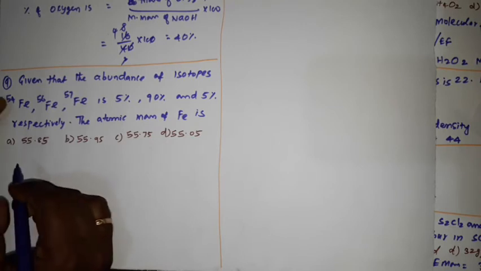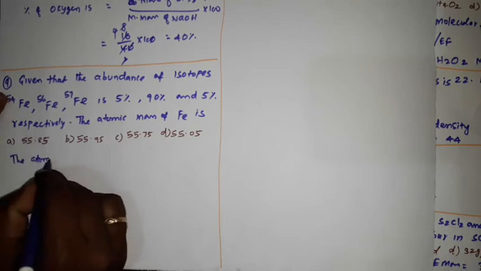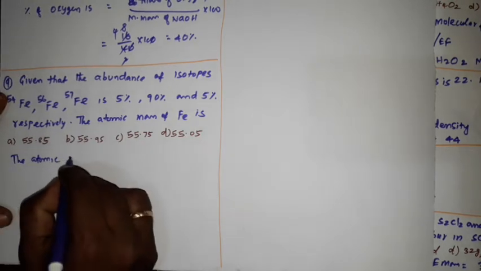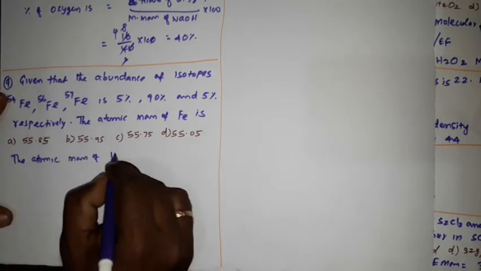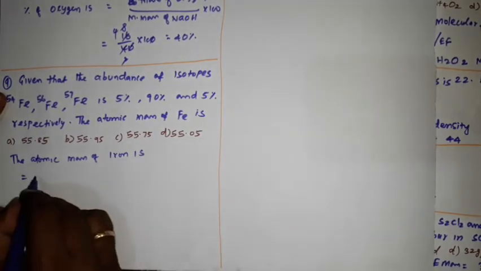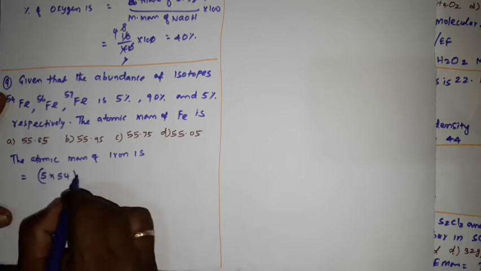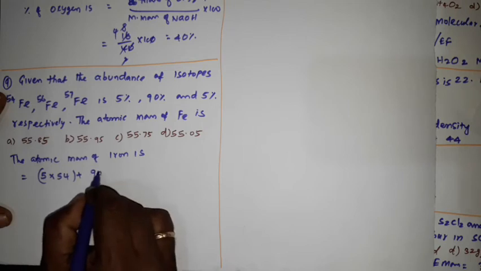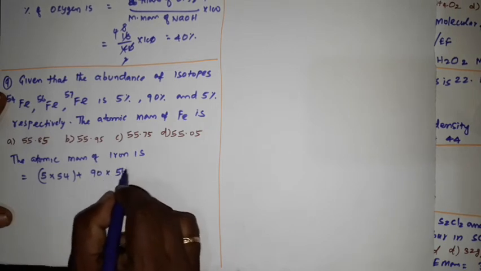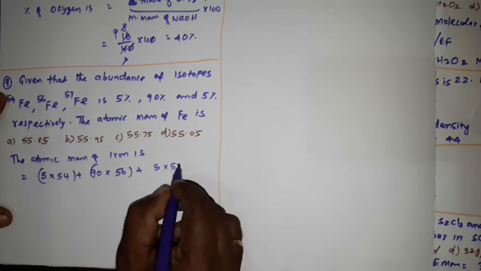Okay. So the atomic mass of iron equals 5% of 54 plus 90% of 56 plus again 5% of 57.